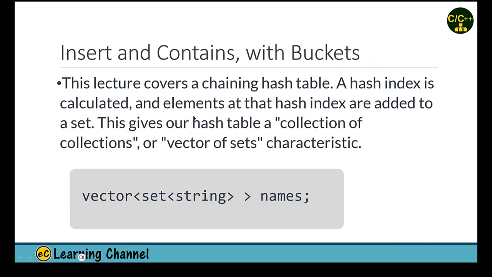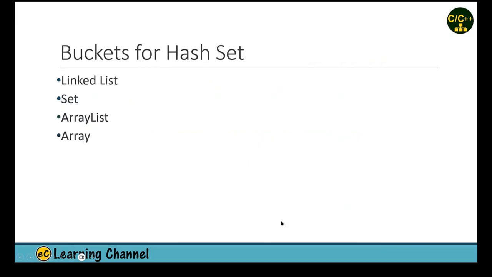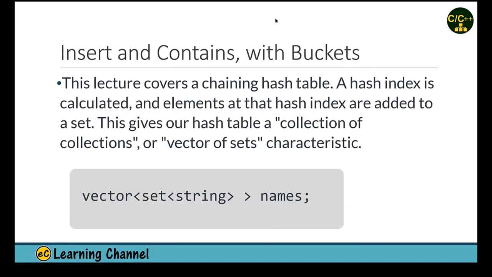So right here, let's look at the implementation part of it. We can insert content into a bucket. We can use a vector of sets of strings for the names. Because you are using a hash table, and your string is a set, the set by itself is a hash table.